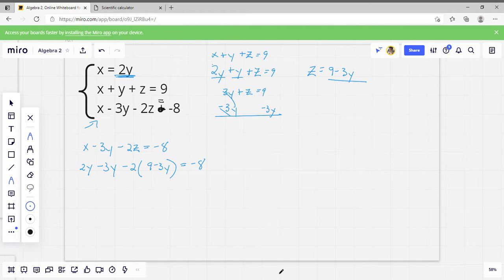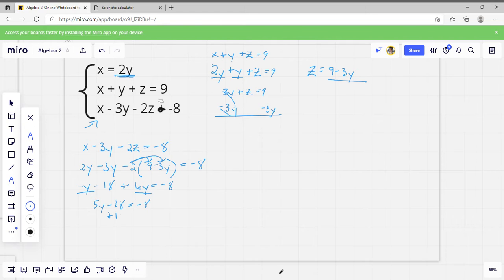Alright, 2y minus 3y would be negative y, minus 2 times 9, that would be 18, and plus 2 times 3 is 6y, equals negative 8. Now I can put these y's together, and that would be 5y minus 18 equals negative 8.